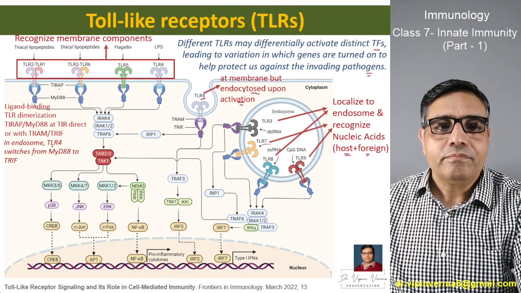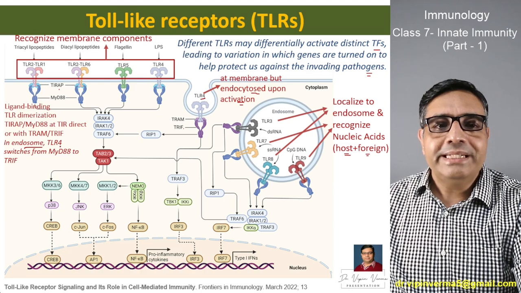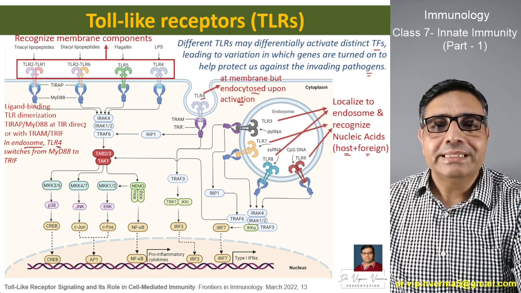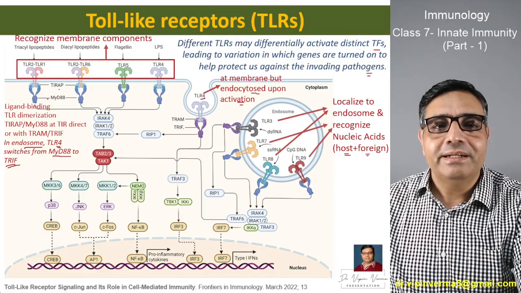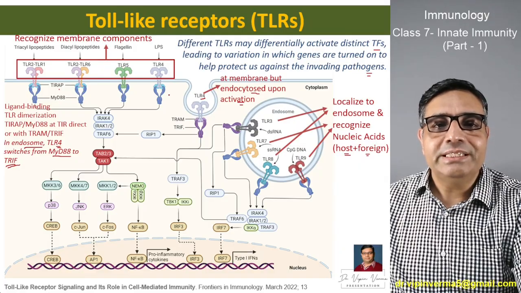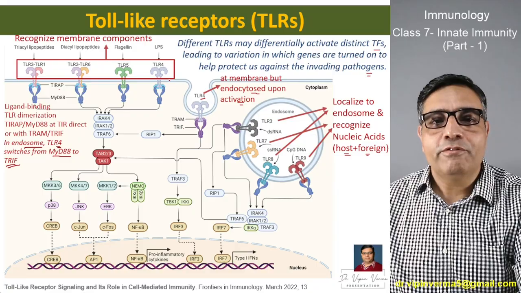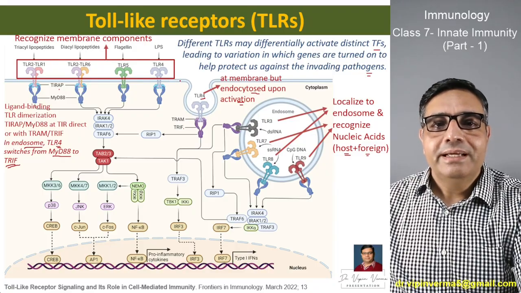Okay. In endosome, this is the endosome, this is TLR4 in the endosome. It switches from MyD88 to TRIF. So you can see here it was initially, when this TLR4 was here, right?